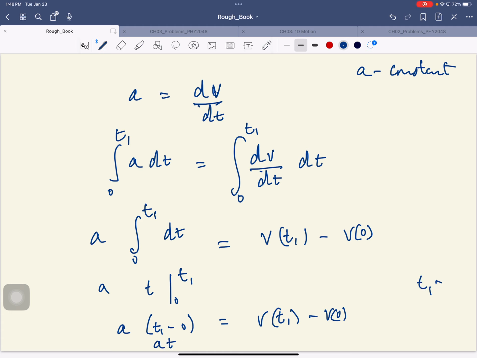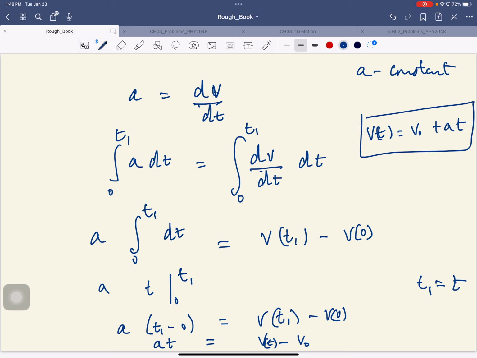We'll write t1 equal to t, so at is v at t minus v0. That's the shorthand notation. So v(t), velocity at time t, is equal to velocity at time 0 plus acceleration times time.